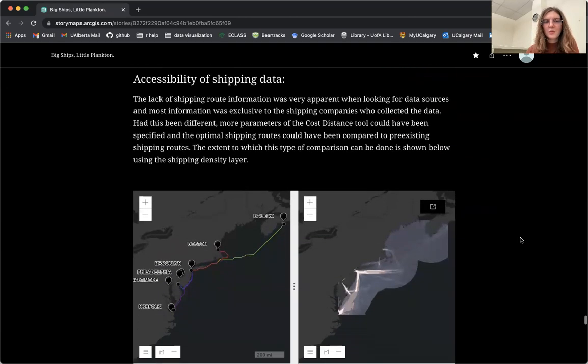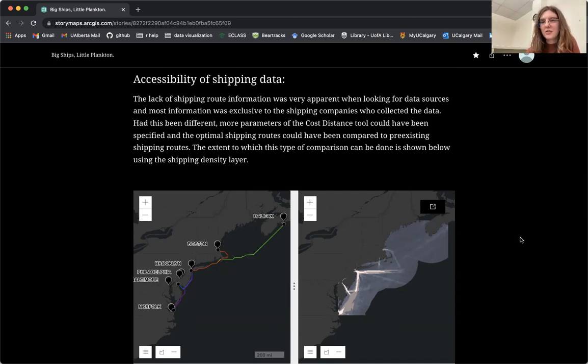The first limitation was the accessibility of the shipping data. So most of the shipping information was exclusive to the shipping industries or shipping companies who collected the data, which was kind of frustrating in finding good information. Had this been different, I could have specified more parameters in the cost distance tool to make it more accurate, or I could have compared my optimal shipping routes to actual pre-existing routes.